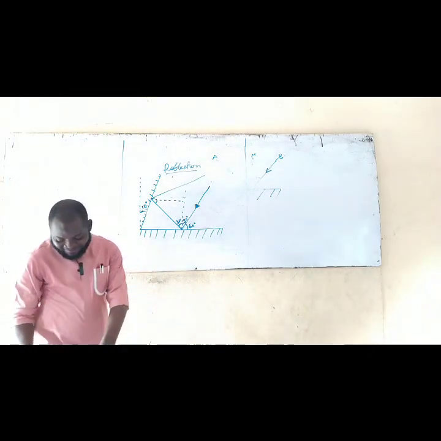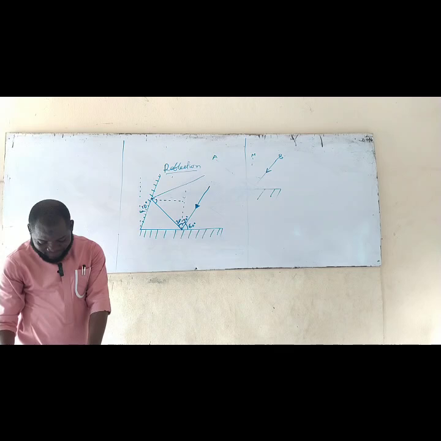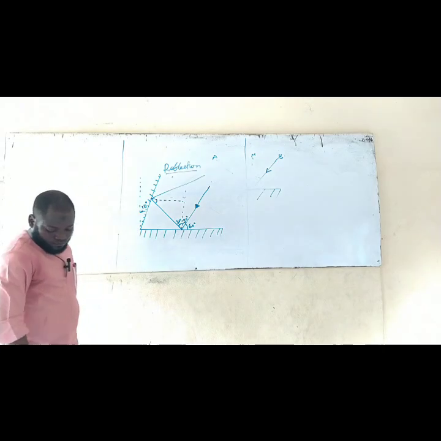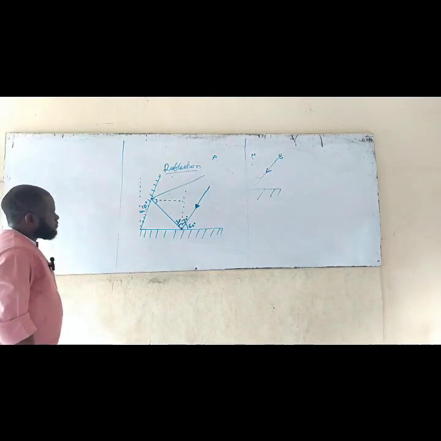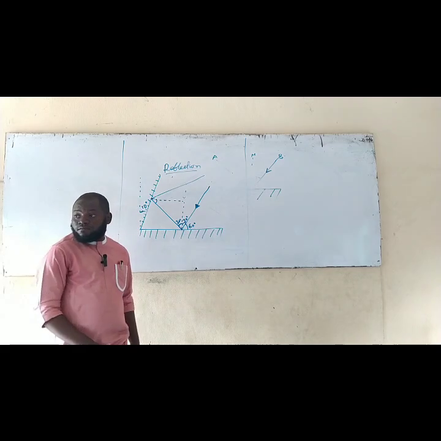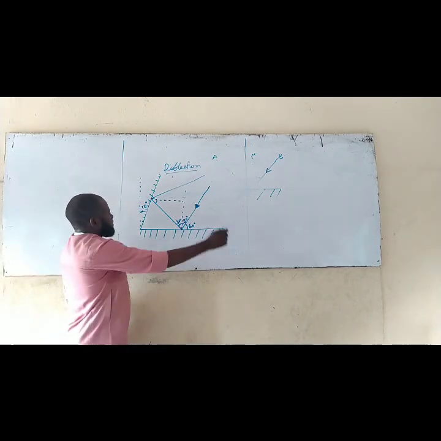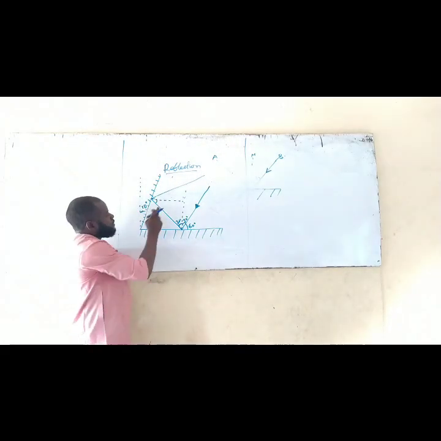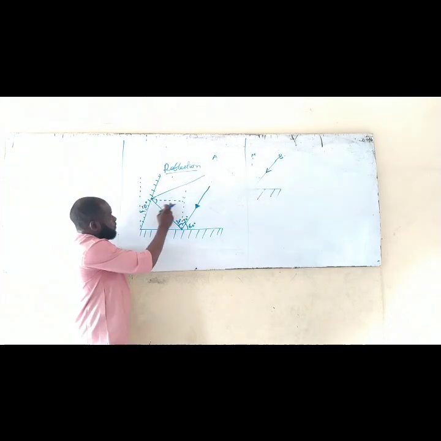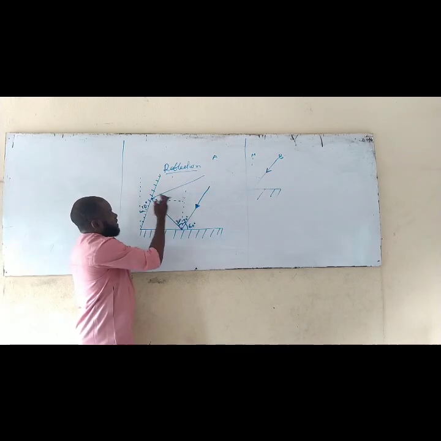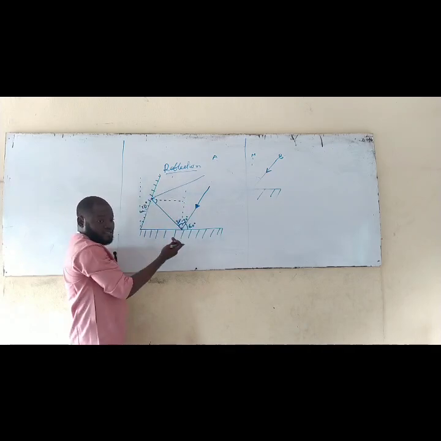Is it 70? No. Look up. Look at something here. This line is not perpendicular. Are you getting it now? But this one here, listen very well, this one here is perpendicular to this one. But why is it looking slant like this? Because this is also looking slant. Am I making sense?